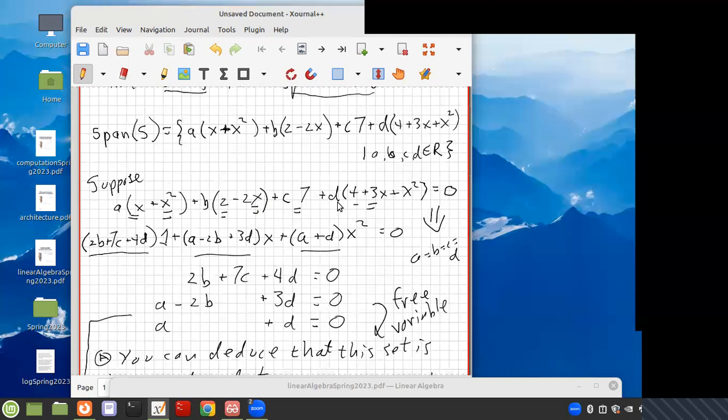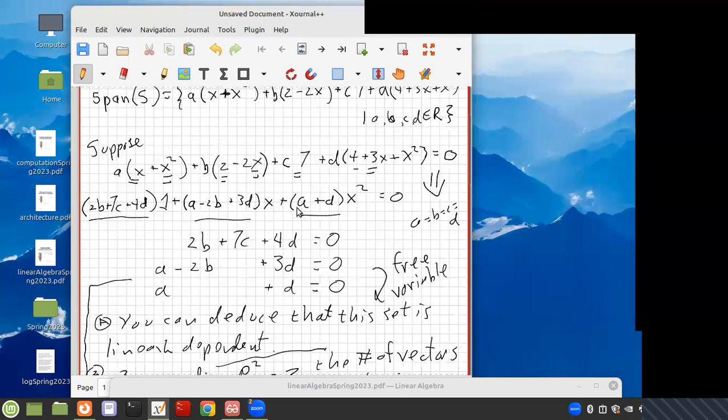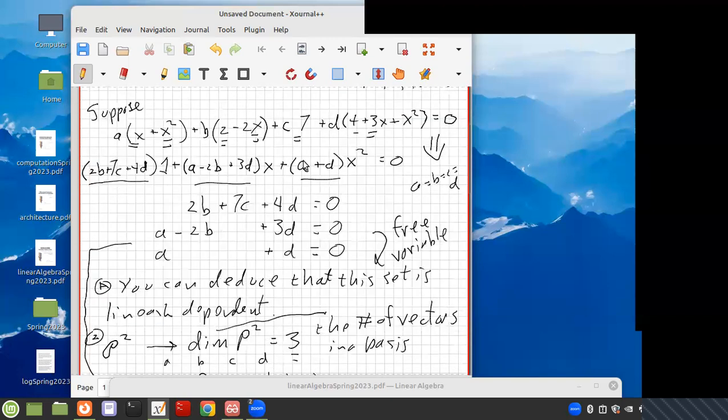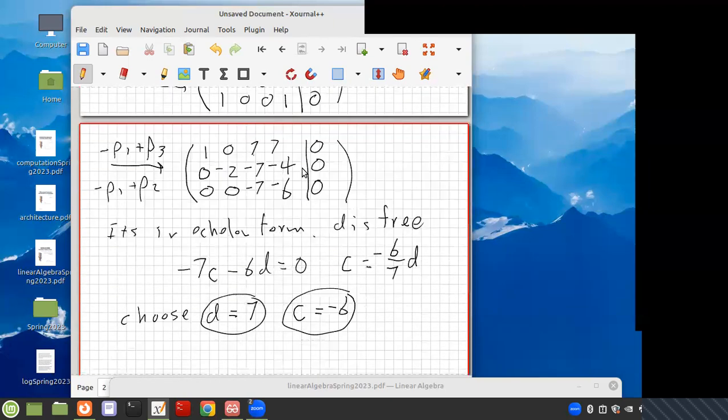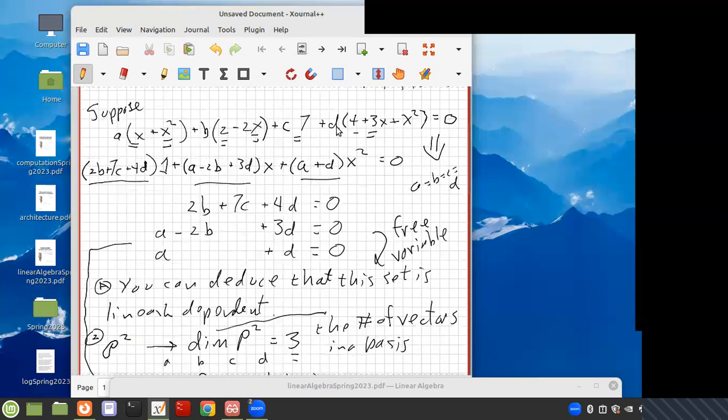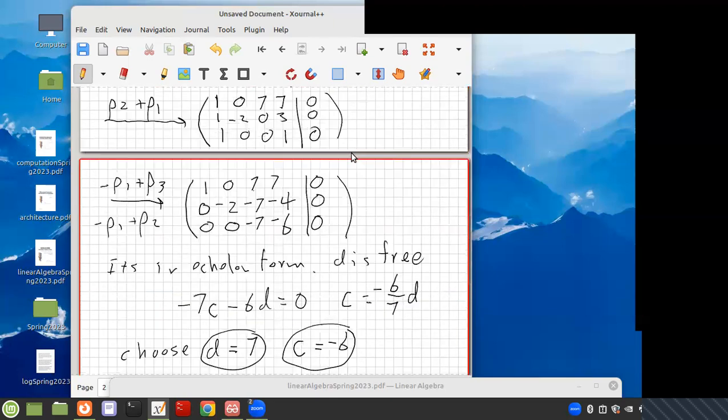If I can find a solution of this system, that's a linear combination. In other words, what I'm doing is finding a set of constants so that these are multiples of one another. Because if I can, then up here I'm going to have a linear combination that equals 0. It'll show me that I can write one as a multiple of the others, and that shows me which ones I can get rid of with this choice here.